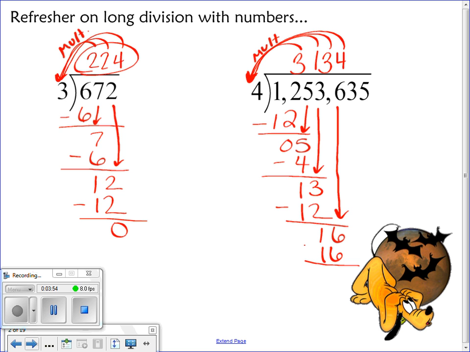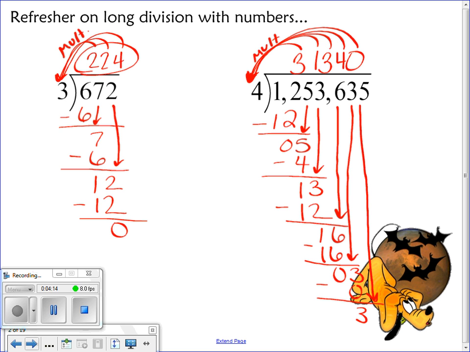Then we subtract. 0. Bring down the next number. 3. How many times does 4 go into 3? 0. Multiply. 0 times 4 is 0. Subtract. 3. Bring down the 5.